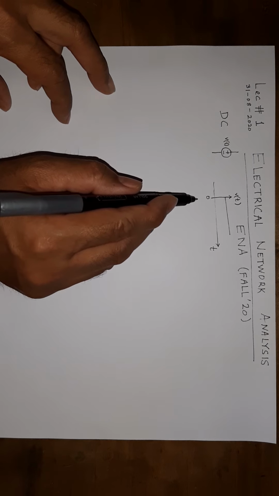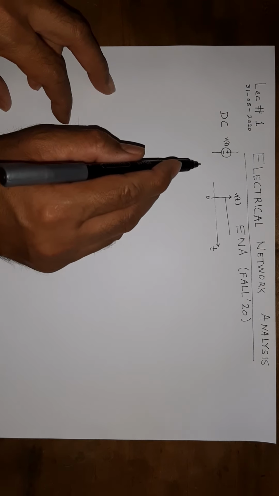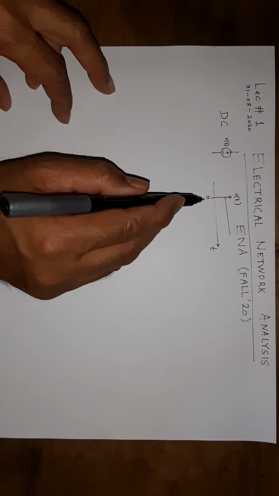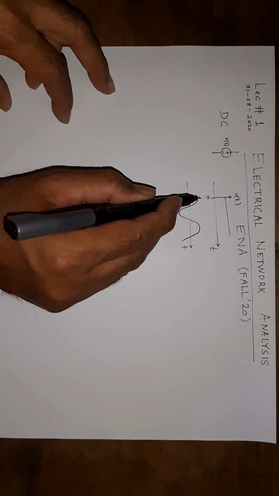But here in this course, we will begin our study by looking at sources that we use every day, and they are used all over the world, and they are known as sinusoidal sources. So, for example, you should be able to recognize this function.